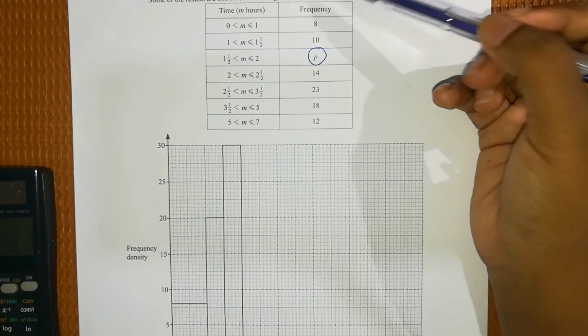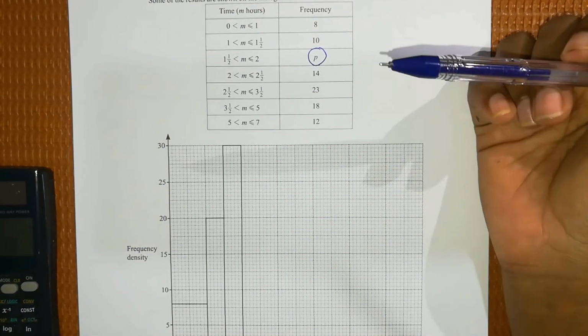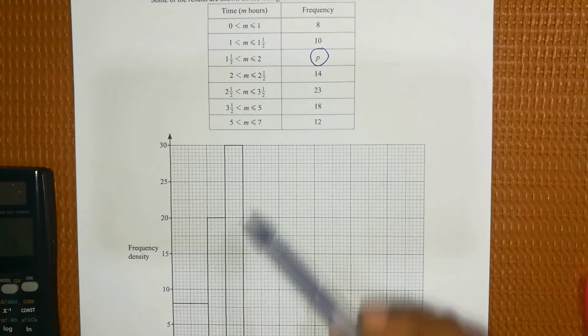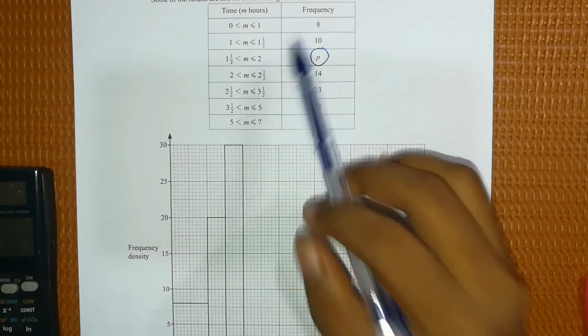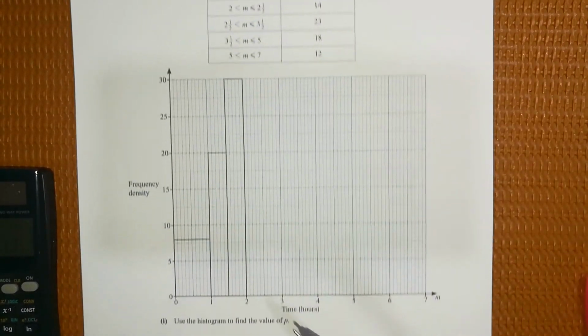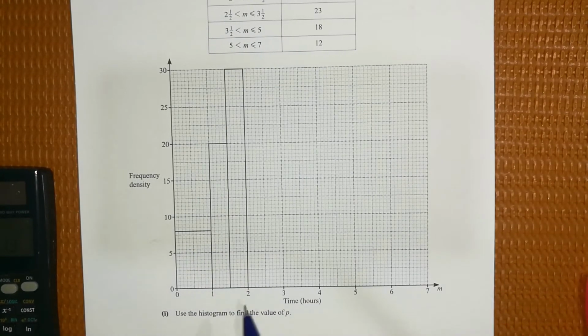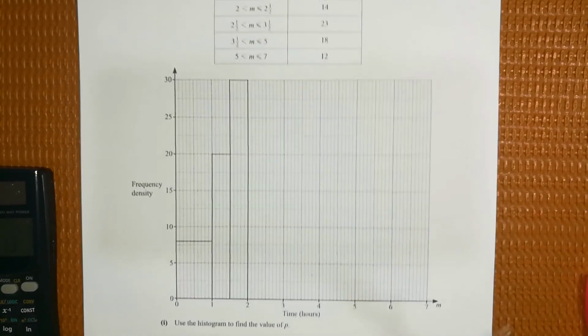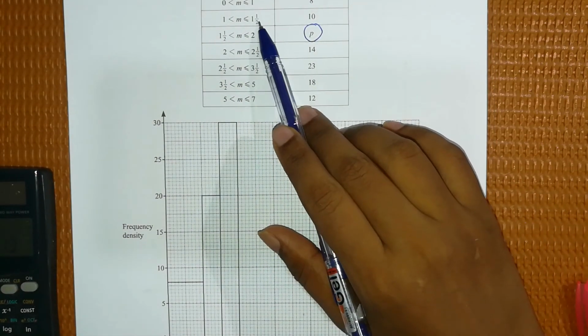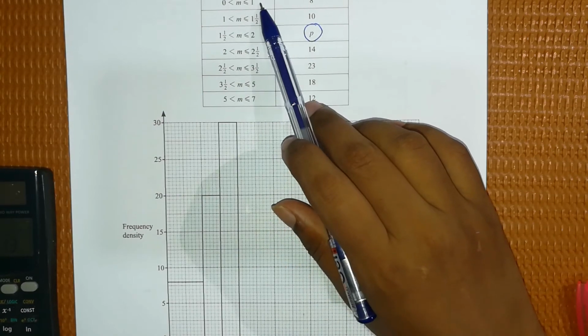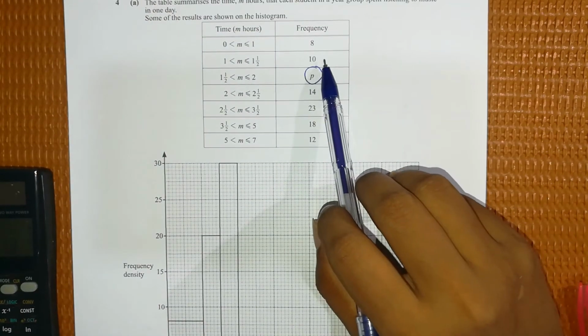Now we'll compare our frequency table and the histogram. Here 0 to 1, 8. So when you look at this, 0 to 1, they have drawn exactly 8. That means 0 to 1 is the default group. Now here 1 to 1.5 means half of this one, and the frequency is 10.